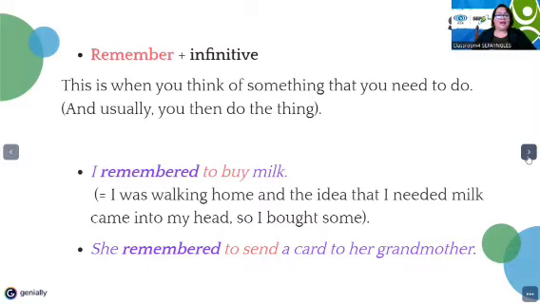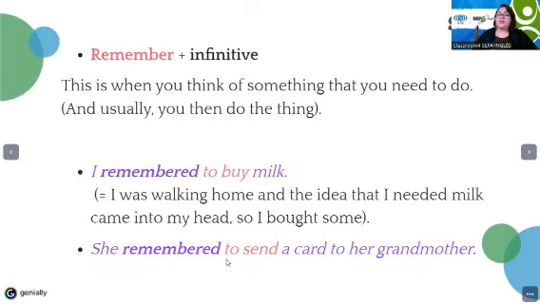Again, I remembered to buy milk. I was walking home and the idea that I needed milk came into my head. So I bought some. Suddenly I remembered and I bought the milk. Second, she remembered to send a card to her grandmother.